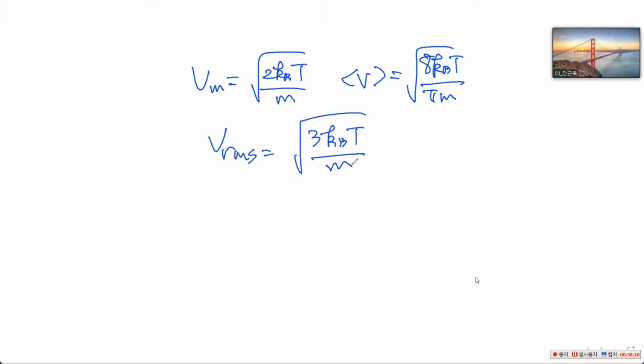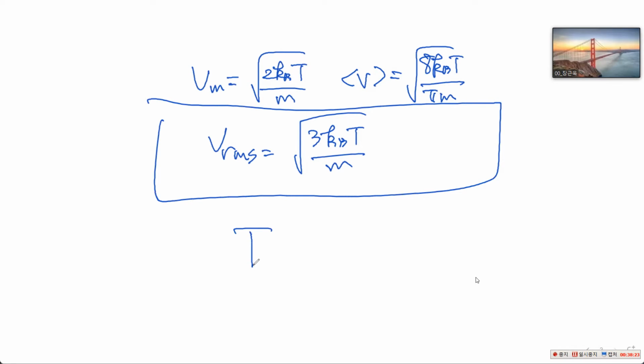Any questions on this? So by the assumption the system is under thermal equilibrium and all particles or all molecules follow Maxwell-Boltzmann distribution, then we can derive those results. Okay. 유도할 수 있다는 결과가 나옵니다. Fine.